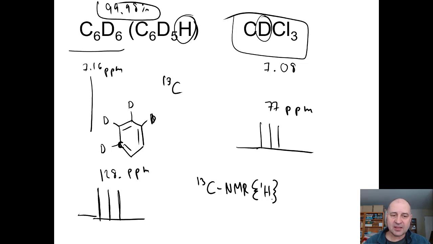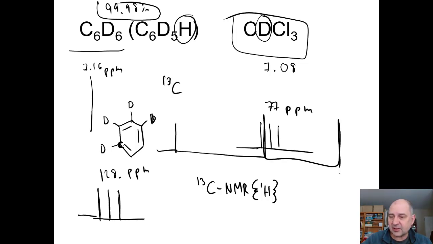What that means is you're eliminating any possibility of the carbon signals being coupled by proton, which can be very useful because we really are just interested in, here's a singlet, and here's a singlet, and here's a singlet, so this is a carbon, this is a carbon, and this is a carbon. We really don't want to see all of the coupling and multiplets. We just want to know how many carbon atoms are there, and so that's it, basically.